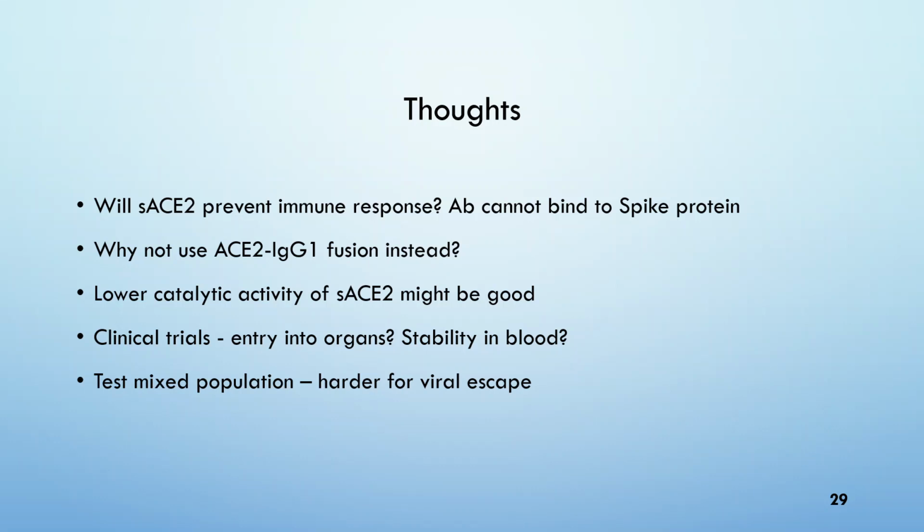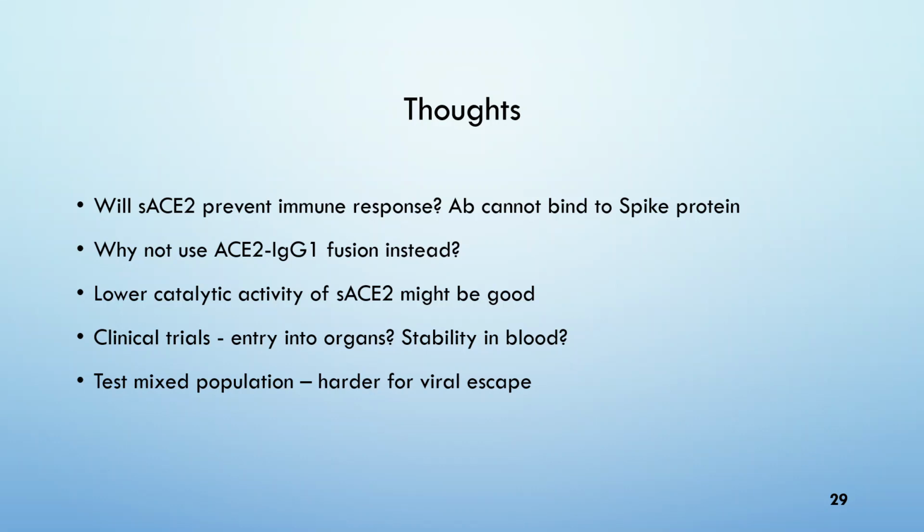And then as mentioned previously, there's a 25% lower catalytic activity of the soluble ACE2, and this might be a good thing since we don't want too much angiotensin II cleavage. But yeah, only future trials will give us data about whether this is helpful or not.